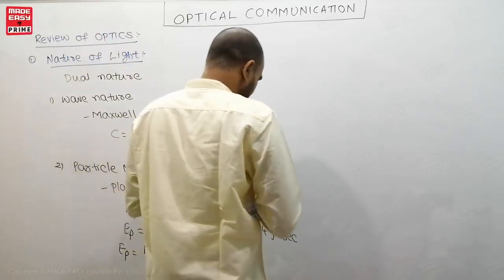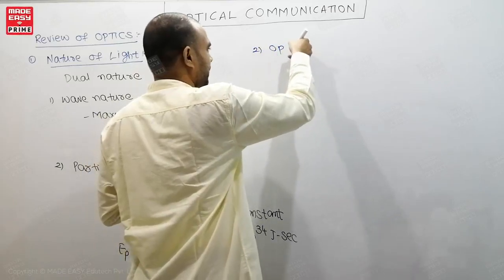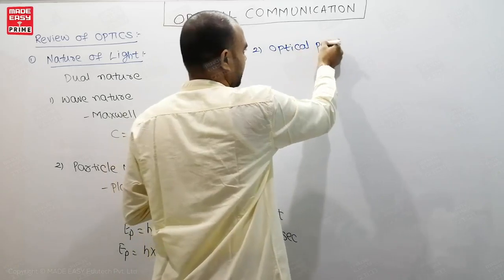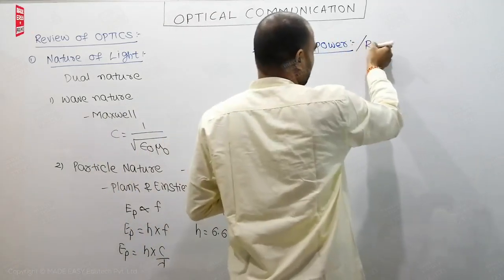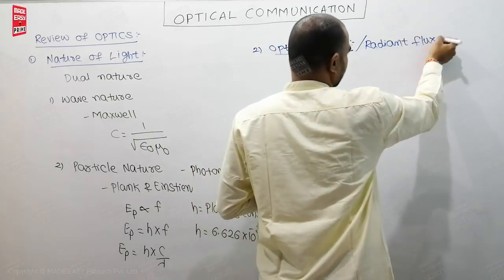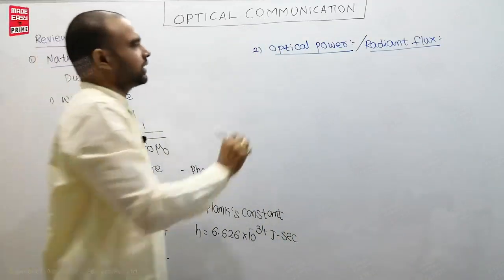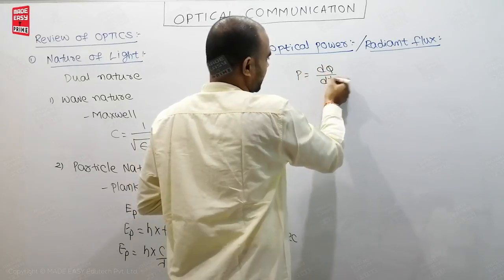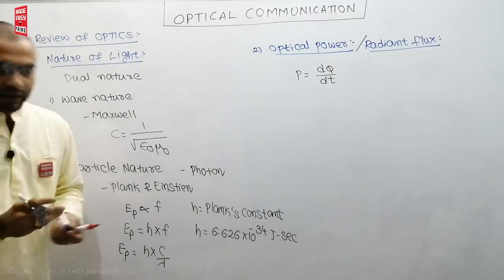And the second important thing is called optical power. Optical power is also called the radiant flux. We know that power is the rate of change of energy, which is dq by dt, or energy by time.